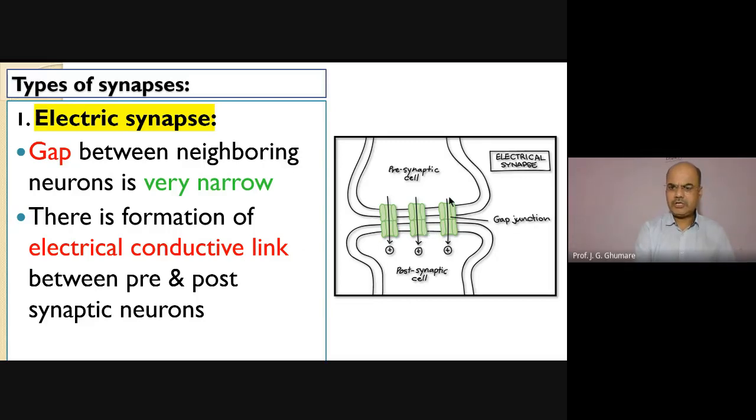These are the gap junctions, and these links are between the pre- and postsynaptic neuron. The presynaptic neuron is the neuron before the synapse, and the postsynaptic is the neuron next to the synapse. So here we have electrical conducting links between these two, and that will help in transmission of a nerve impulse. As I already told you, the gap here is minimum, and we'll have such junctions here.